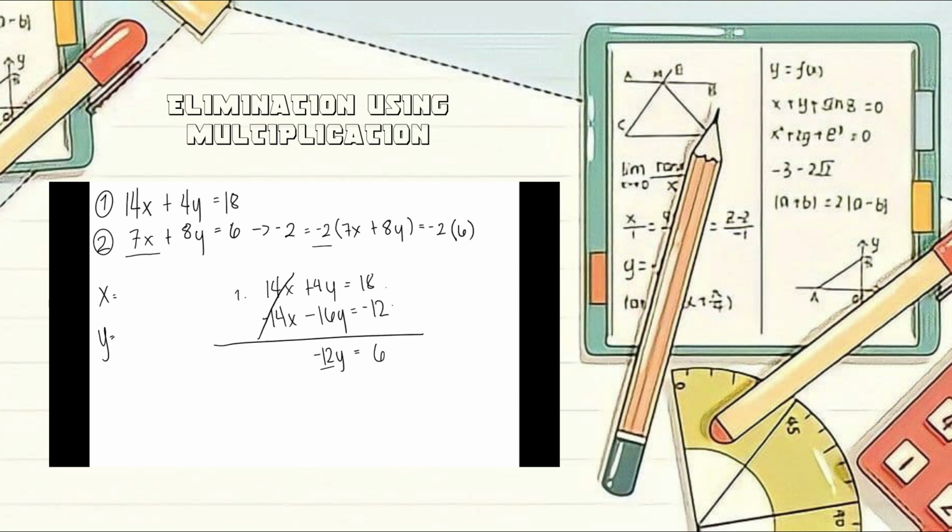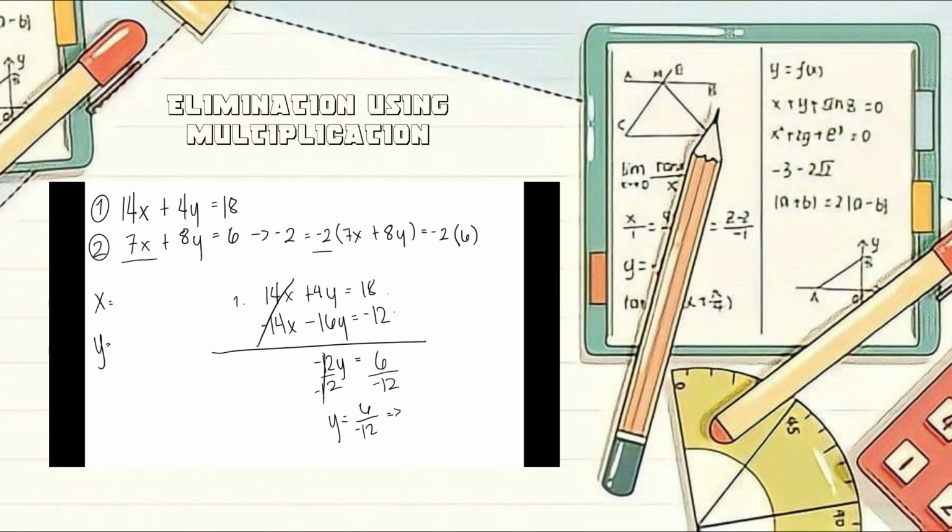To do that, we'll divide this by negative 12 and this by negative 12. So y is equal to 6 over negative 12, or in its lowest form, negative 1/2 or negative 0.5. So we'll write it here, negative 1/2 or negative 0.5.